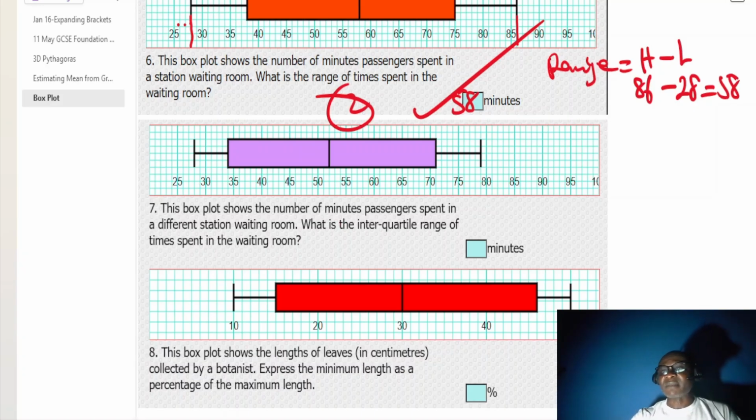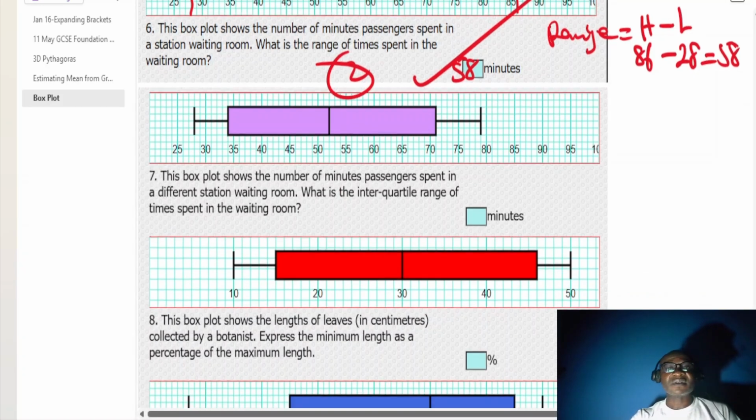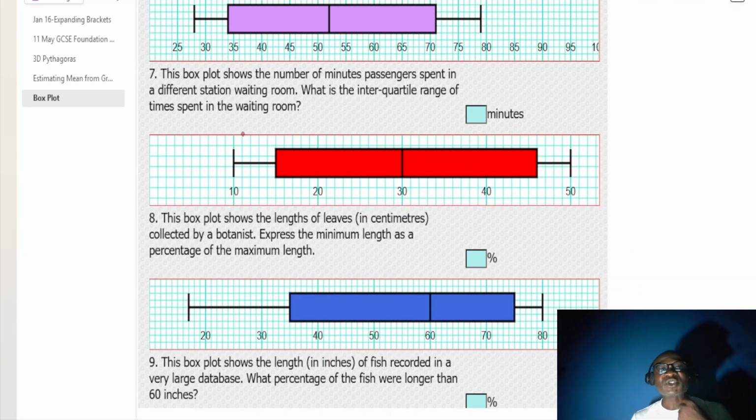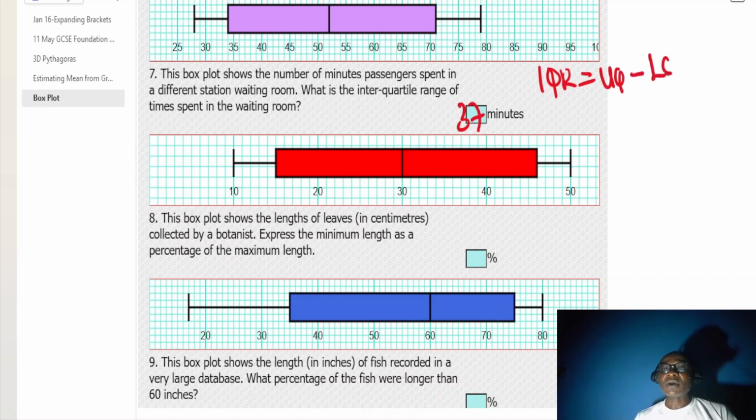We move to number 7. What do you have to say about number 7? It asks, what is the interquartile range of the time spent in the waiting room? 37 minutes. The interquartile range is given by the formula upper quartile minus lower quartile.